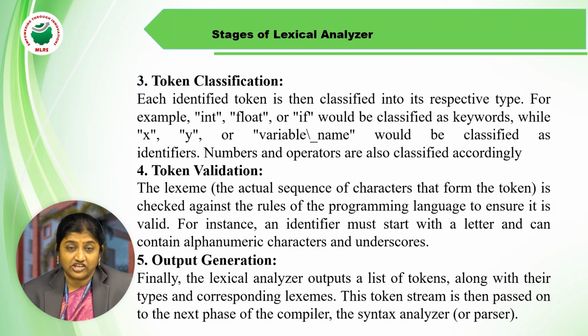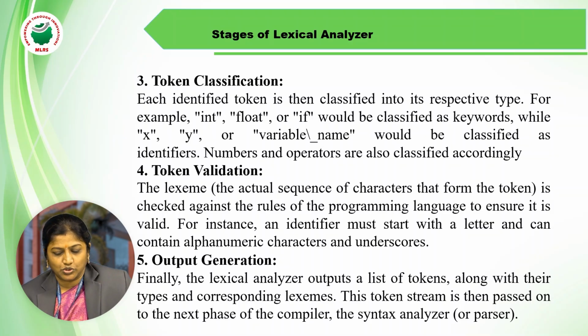Next, token validation. So validate the tokens. The lexeme, the actual sequence of characters that forms the token, is checked against the rules of the programming language to ensure whether it is valid or not. We need to check whether a particular lexeme is a valid lexeme, or a particular token is a valid token.